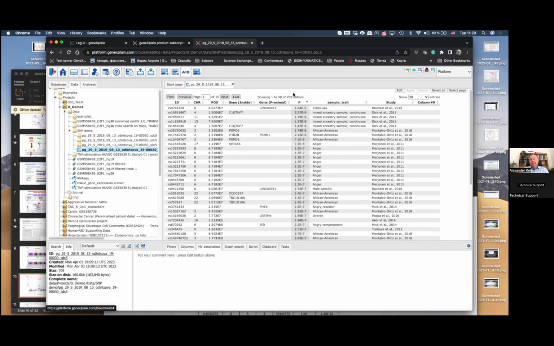In the paper where we collected these SNPs, I just loaded them in the genome in this GeneXplain platform. And you see this first SNP is exactly the one which is near that gene, a non-coding gene, LINC00951. And the p-value of association with the disease is basically 1.6 in 10⁻⁹. It's pretty significant.